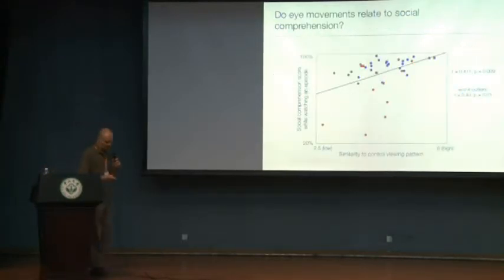So just a couple of quick exploratory graphs. These should be considered just exploratory and descriptive. If you look at this similarity measure in viewing the video on the x-axis, and you correlate it with measures of social functioning, in this case a social comprehension score.